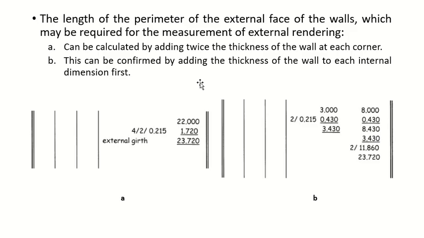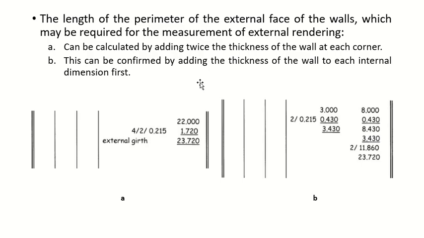For one face, 2 into wall thickness, same number, right? Yes. For the other face. So this is the total external for one face, total external for the other face. Then I will add them together. This will give me one L shape, right? And I have to multiply by 2 to get the whole room.